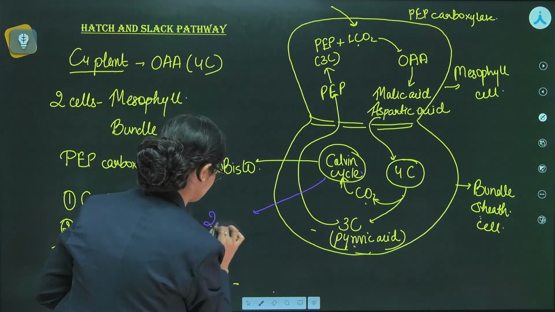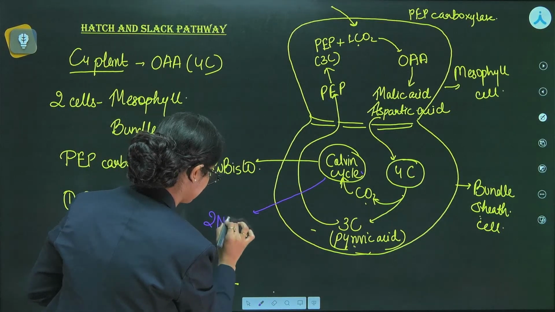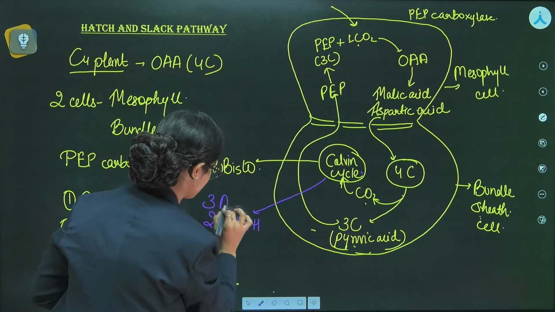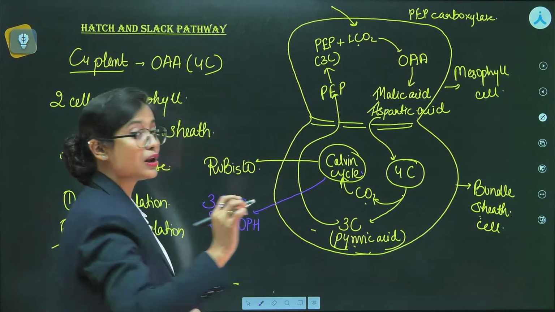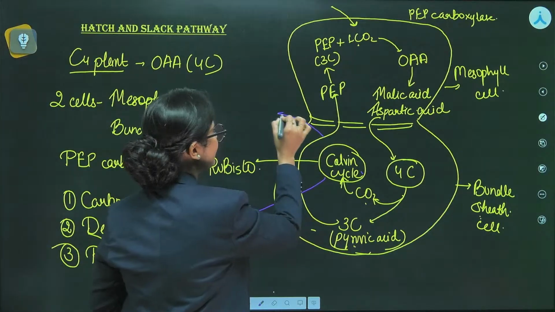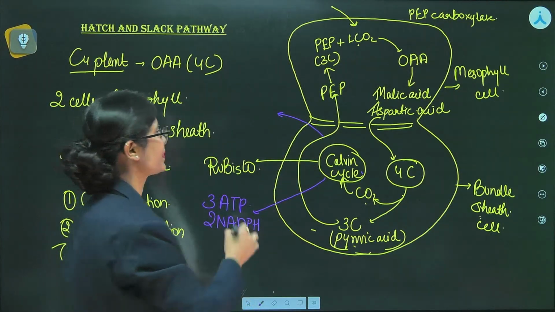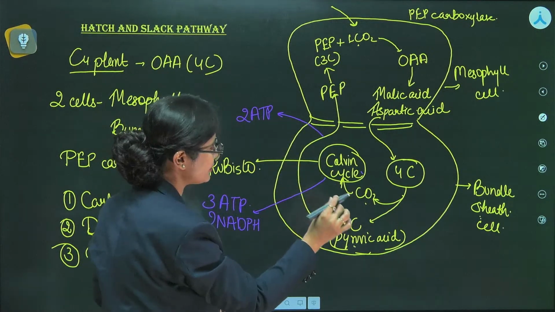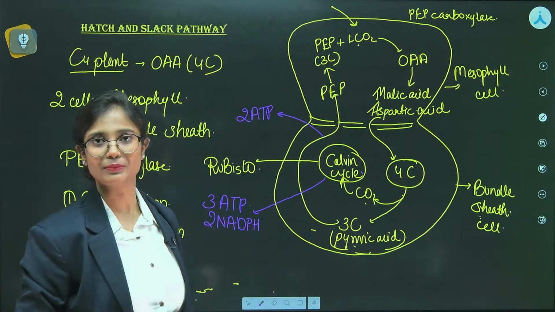I am writing here 2 NADPH and 3 ATP. Along with that, extra 2 ATP are required for regenerating the PEP in the mesophyll cell.